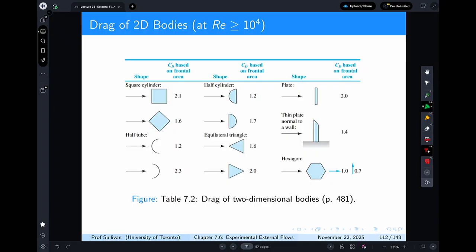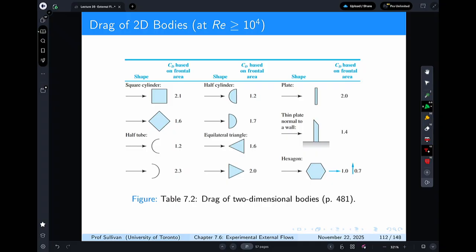Turning that square cylinder by 45 degrees, 1.6. Flipping the half cylinder increases the drag, and a thin plate normal to a wall decreases the drag too, because you have a lower drag coefficient near the wall because you have zero flow near the wall. Half tube equilateral triangle, sure, that's going to be pretty good. The equilateral triangle flipped around goes from 1.6 to 2 because you have a large planform area that you're looking at the very front.